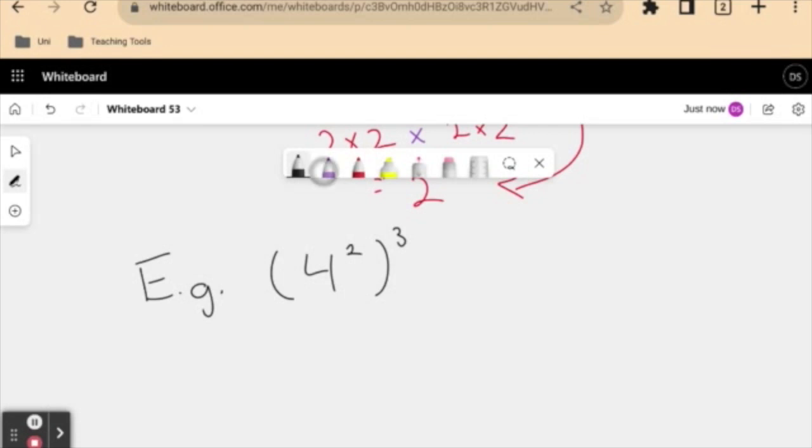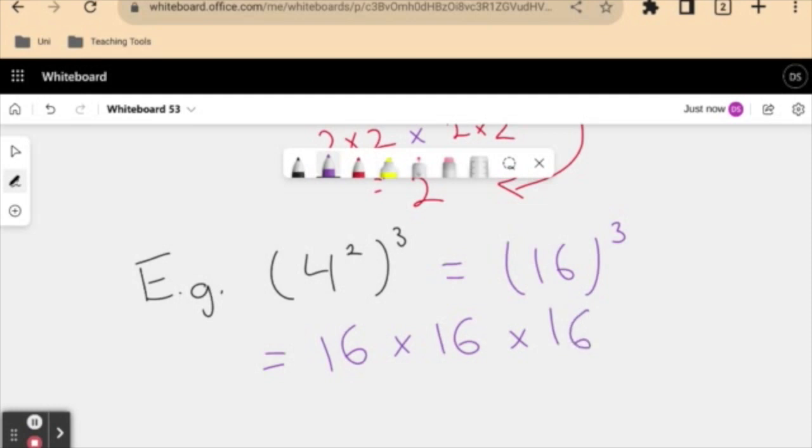That's just 16, isn't it? So we'll get 16 cubed. And 16 cubed is like writing 16 times 16 times 16, right? Now, we're going to get a relatively big, like a bigger number, I guess, than the one we've been working through.